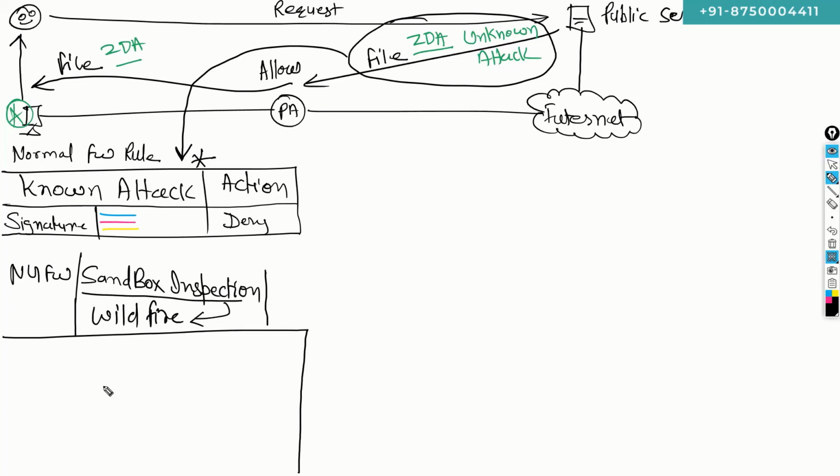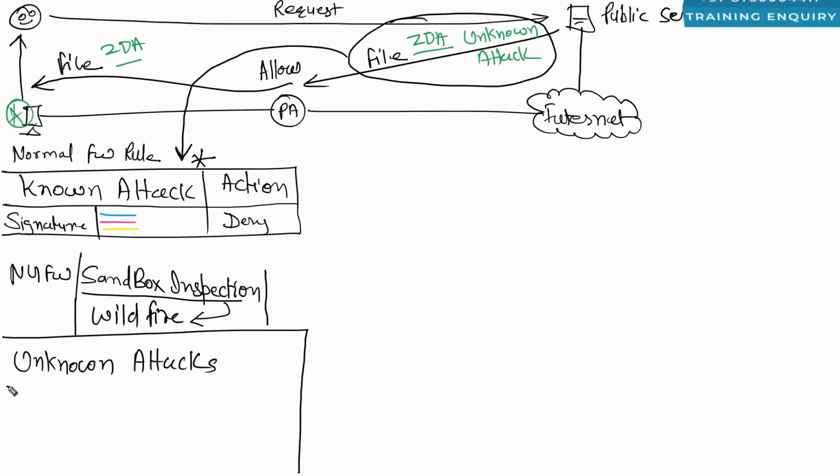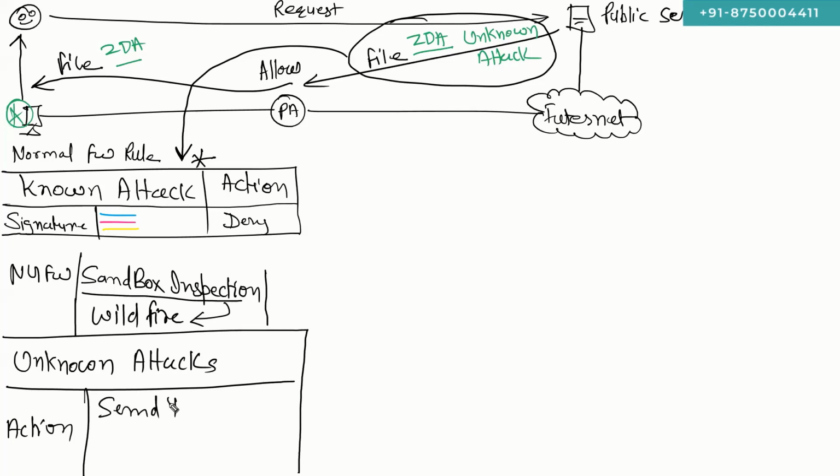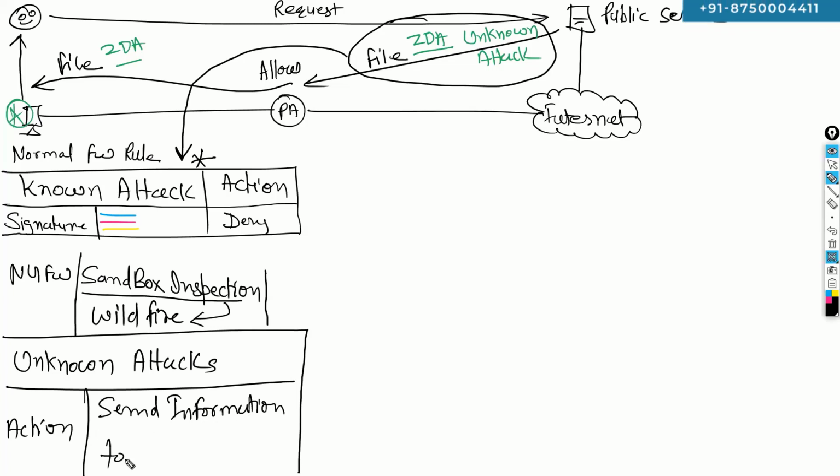In this sandbox inspection, we define the action for unknown attacks: send the information to the cloud. This cloud belongs to the vendor.